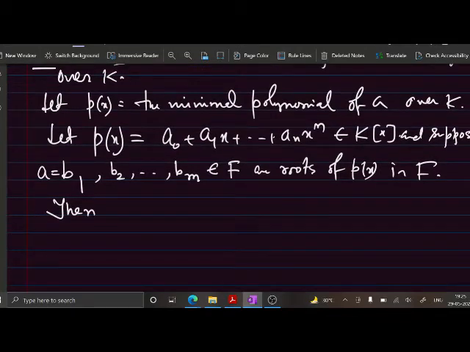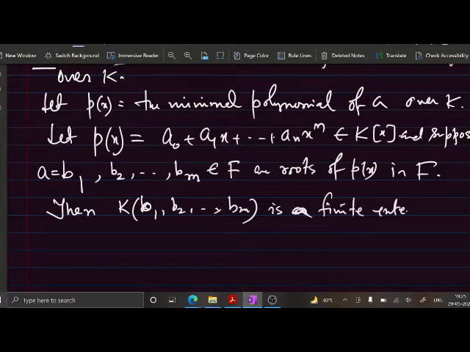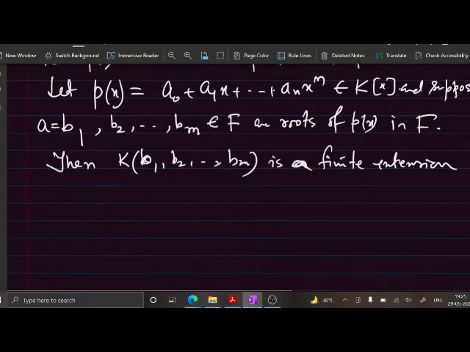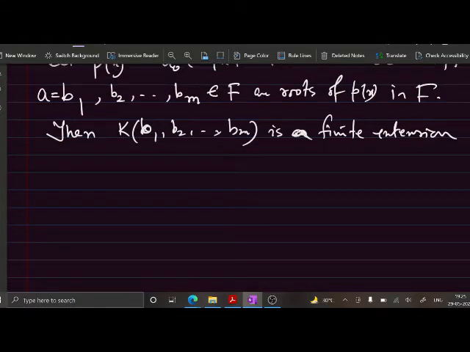So then K(b1, b2, ..., bm) is a finite extension of K.